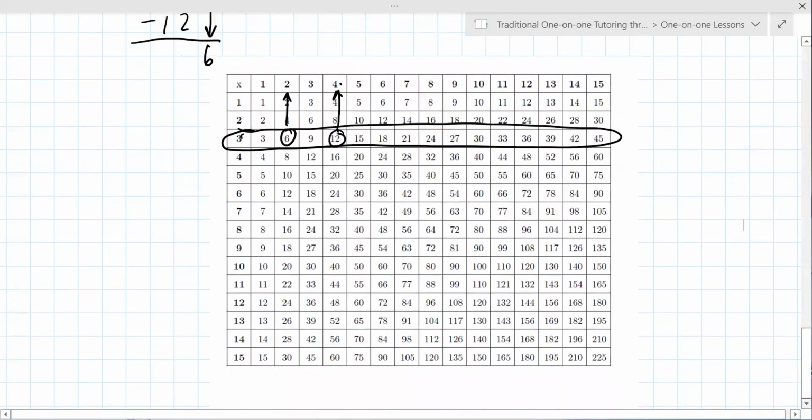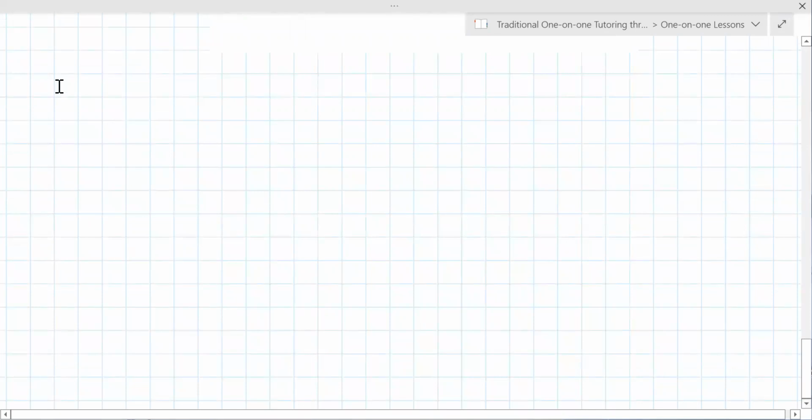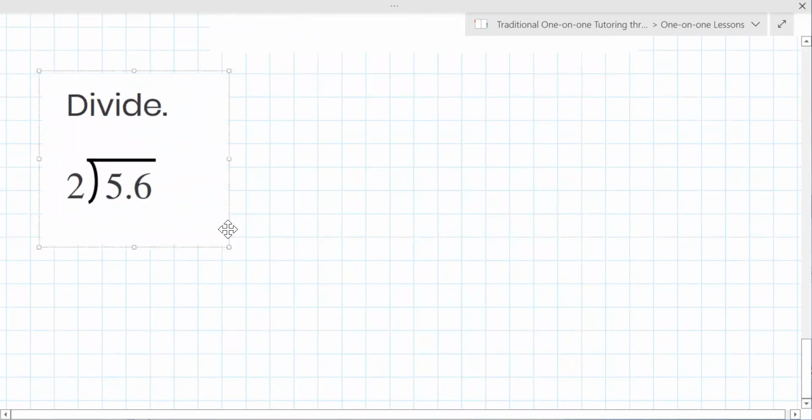Okay, let's look at another problem here. It's 5.6 divided by 2. Where's the decimal on 2? To the right of 2.